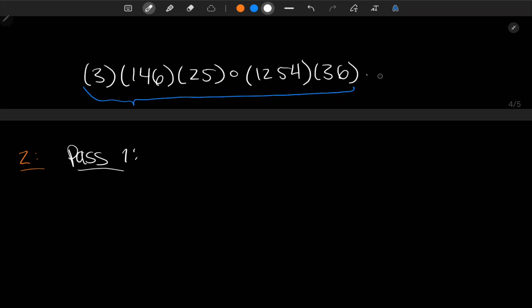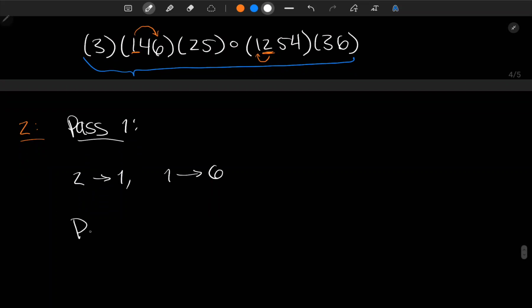So reading from the right, we look for 2. Well, we have a 2 here, and that gets mapped to 1. So what we write is 2 maps to 1. And then we go to the left composed function, and we find the 1, which is here, and the 1 gets mapped to 6. So we say 1 gets mapped to 6. Okay. Since 2 and 6 are not the same number, we have to go through a second pass.